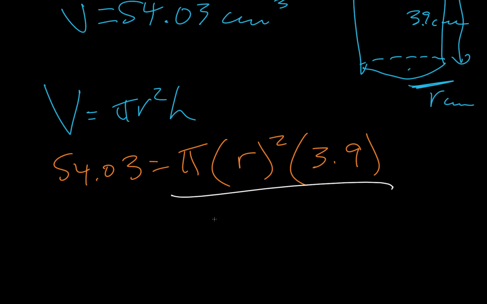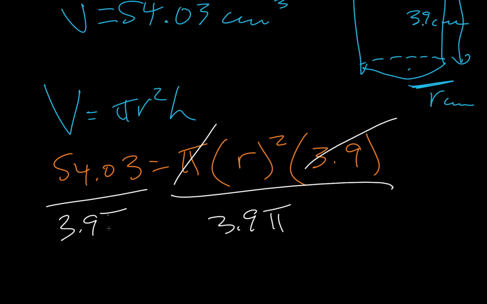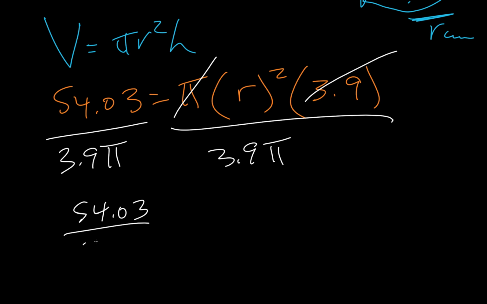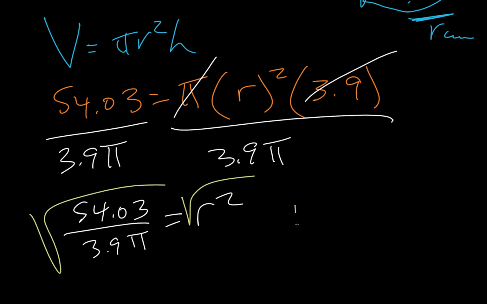So we're going to divide by 3.9 pi, because we want to cancel both those. So we have 54.03 over 3.9 pi equals r squared. And then we just square root both sides, plug it into a calculator, and we get 2.10.